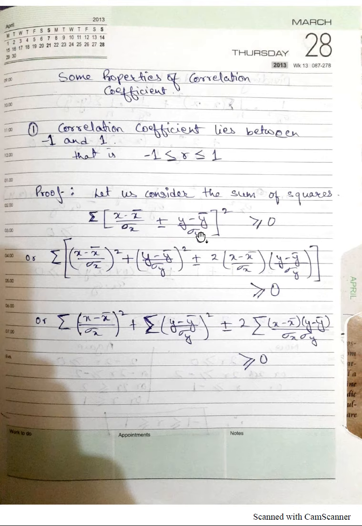First of all, what does this plus minus sign mean? We have written plus minus here, which means this expression has two values in it. First, where we add these two, and second, where we subtract. So one will be x minus x bar divided by sigma x plus y minus y bar divided by sigma y, and the other will be x minus x bar divided by sigma x minus y minus y bar divided by sigma y.